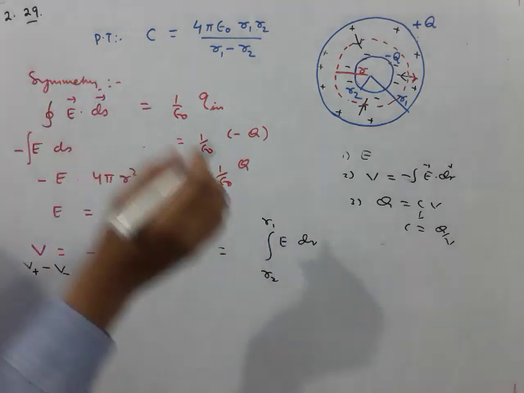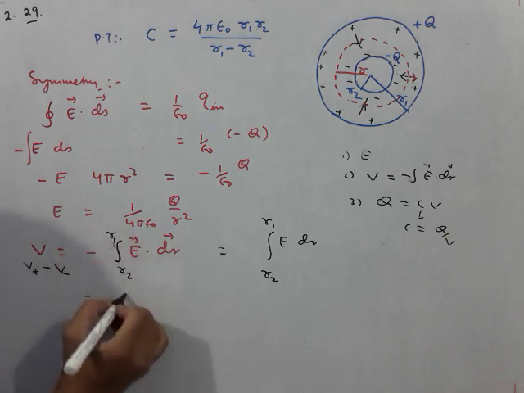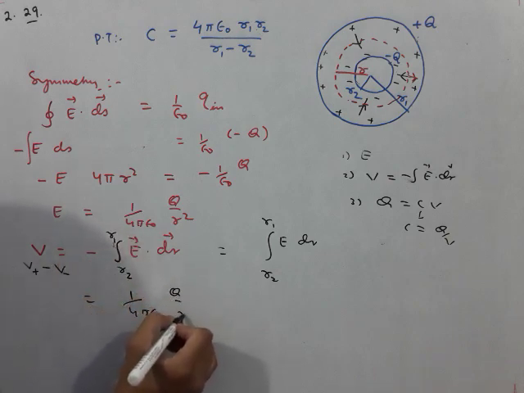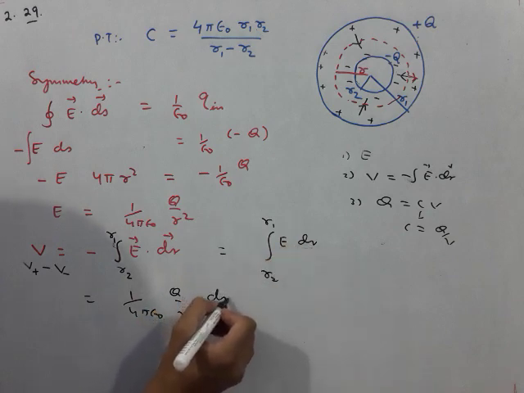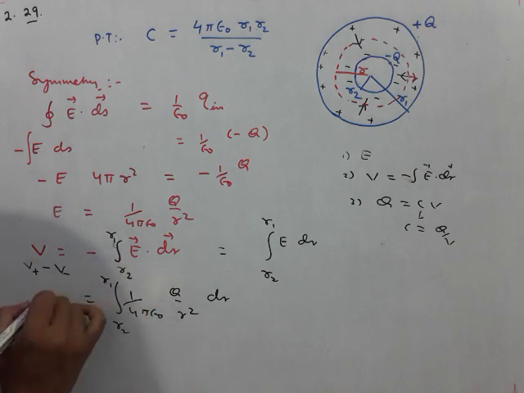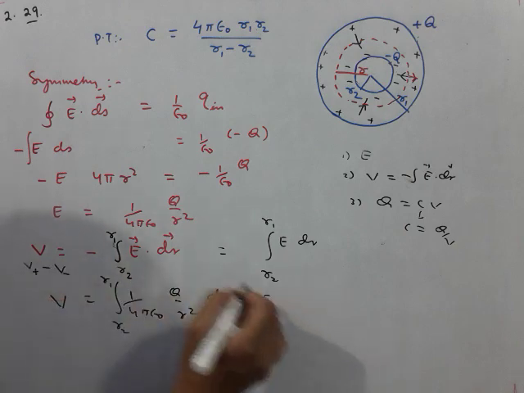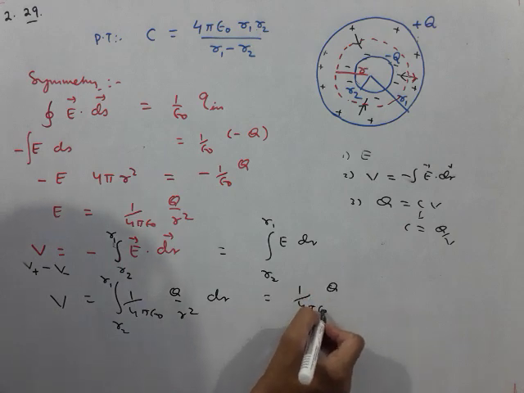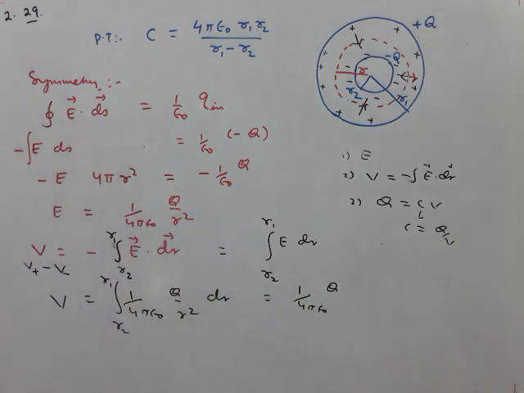Now put the value of E. E is 1 by 4 pi epsilon naught q by r square multiplied by dr, and the integral is from R2 to R1. This is our V. So 1 by 4 pi epsilon naught and q, I can take out. What will be left behind? Integration dr by r square.